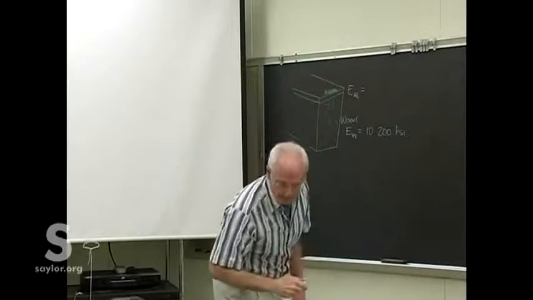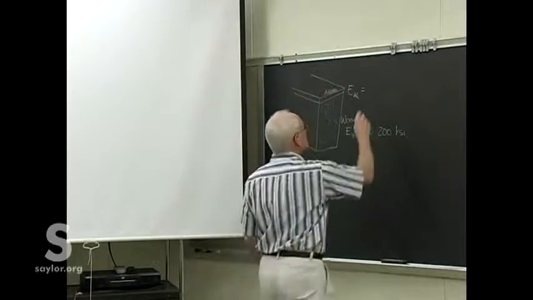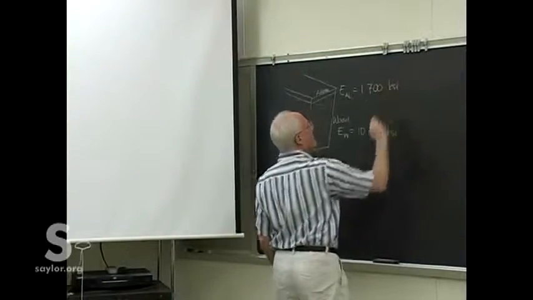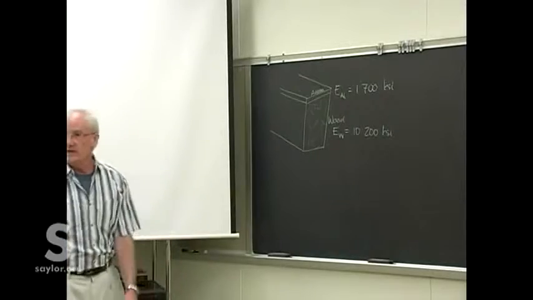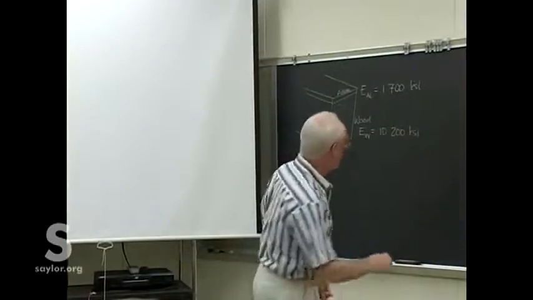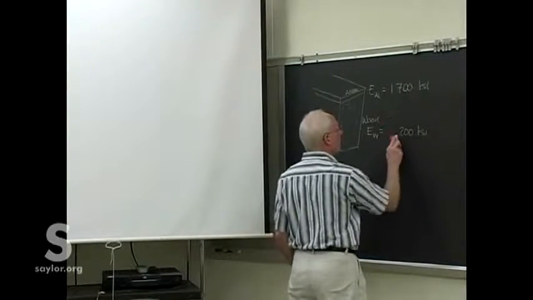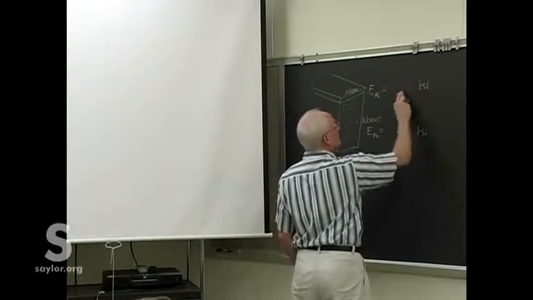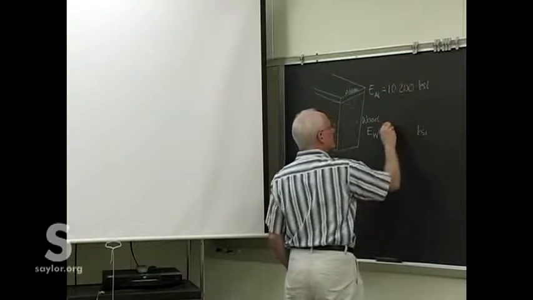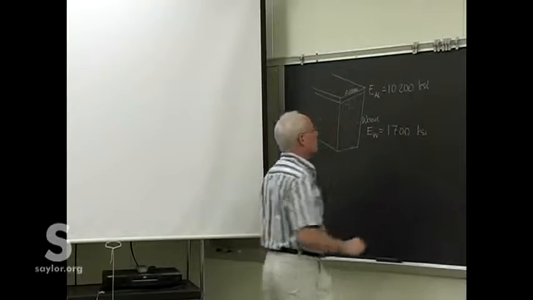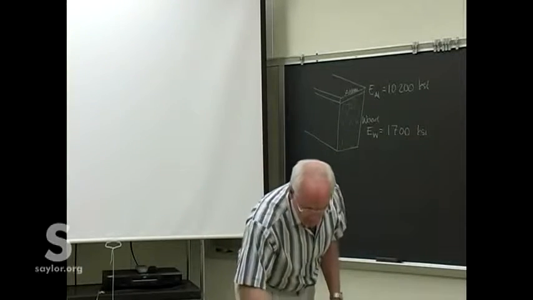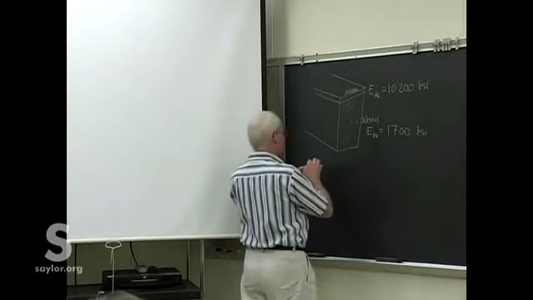For the aluminum, it's 1700. So significantly, wait, I got those wrong. That doesn't make any sense. Sorry, reversed. 10,200 for the aluminum, 1,700 for the wood. That makes more sense. And the dimensions here.